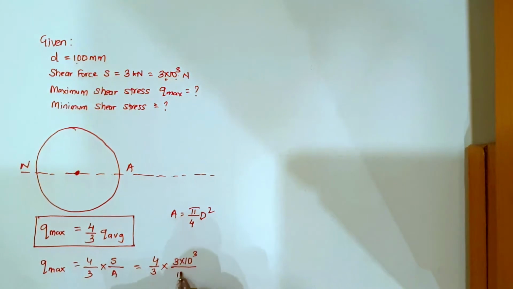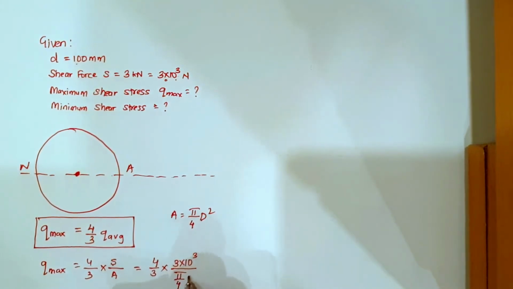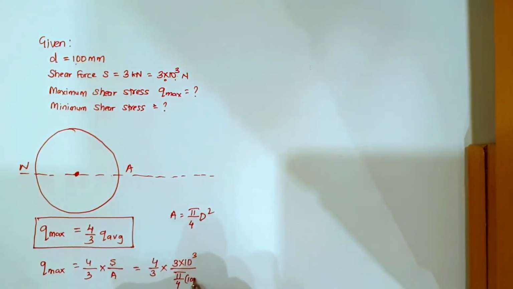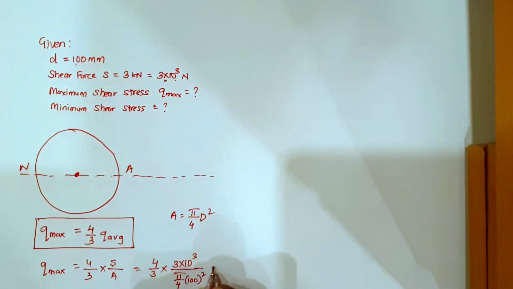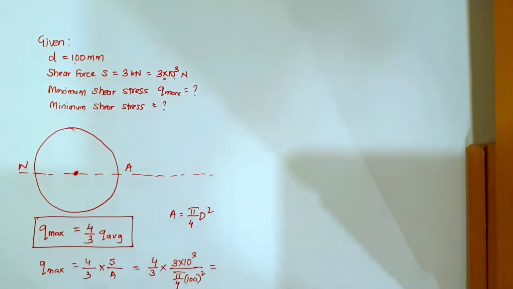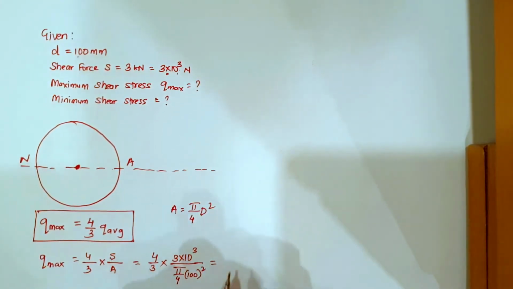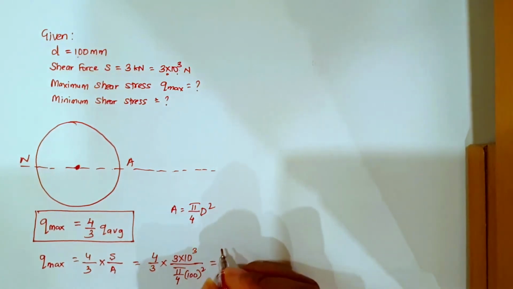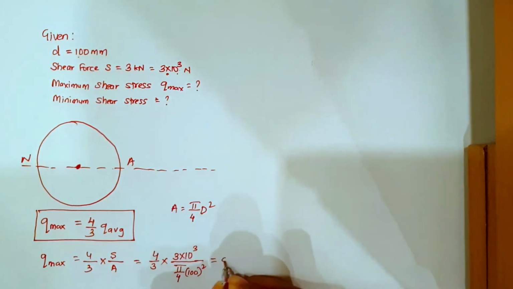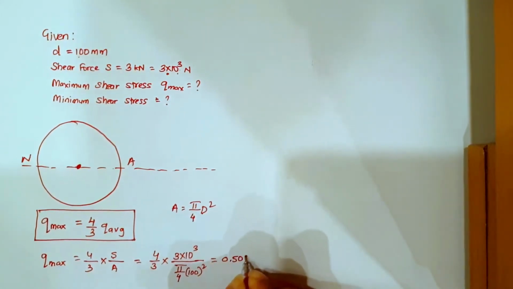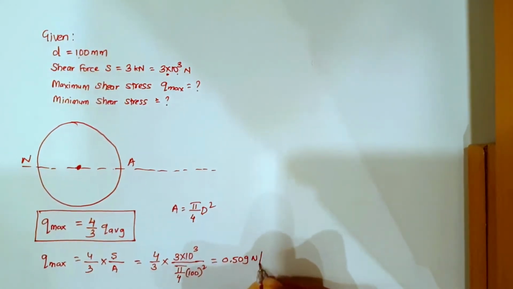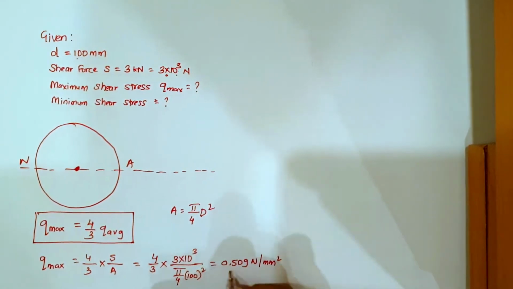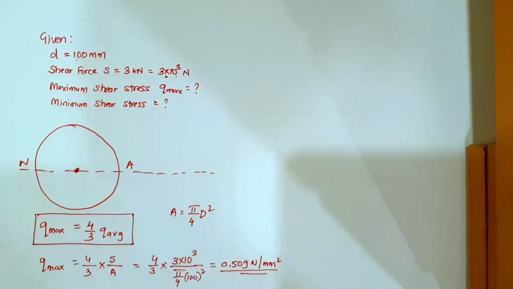So let me directly put pi by 4 into 100 square. From here, the maximum shear stress comes out equal to 0.509 Newton per mm square. So this is the maximum shear stress.